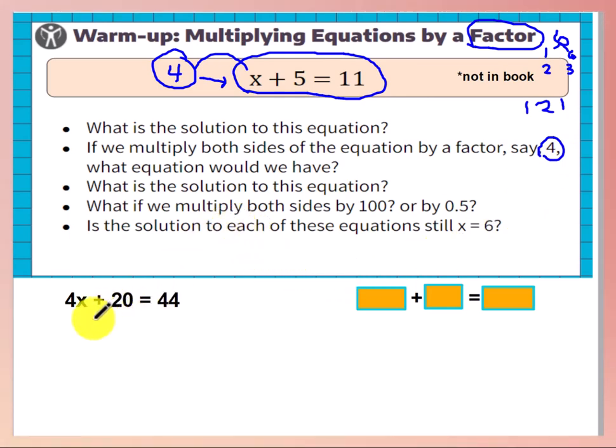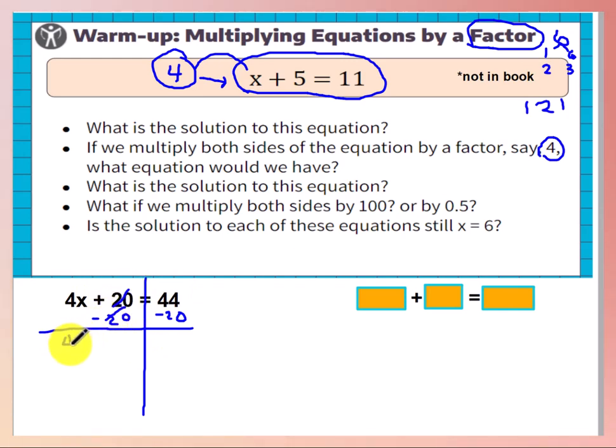Okay, let's go ahead and solve it. Subtract 20 from both sides. Draw that line. Keep your sides separate. You can draw a straight line, or don't forget to write your equal sign, however you'd like to do that. On the left hand side, 20 minus 20 is 0.